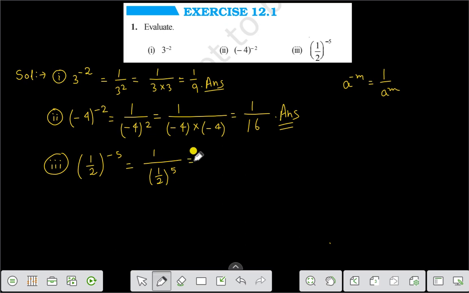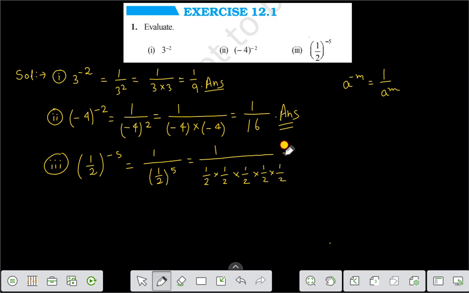If we are getting 1 divided by 1 by 2 to the power 5, it means 1 by 2 into 1 by 2 into 1 by 2 into 1 by 2 into 1 by 2.